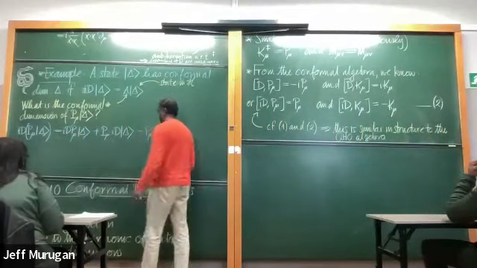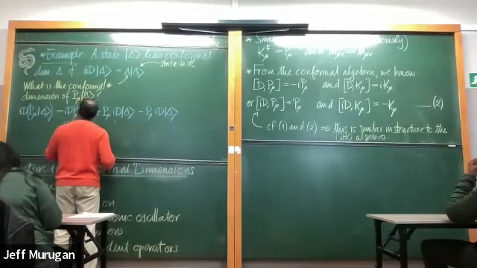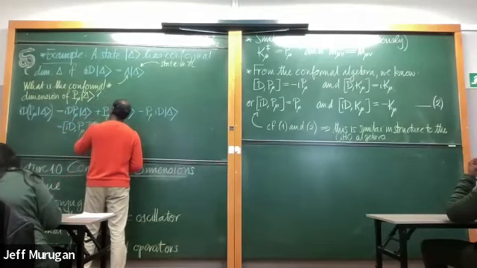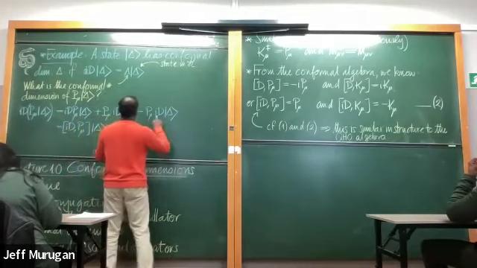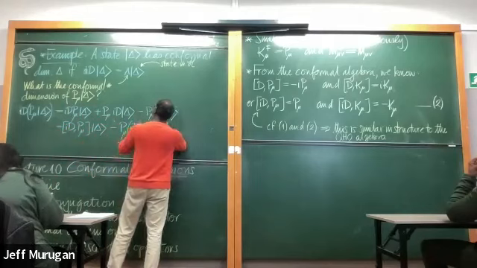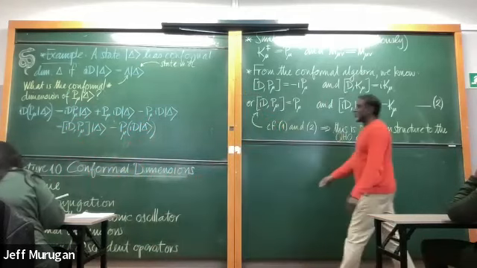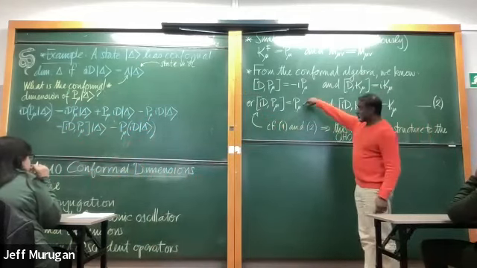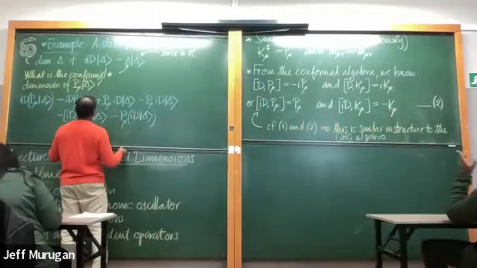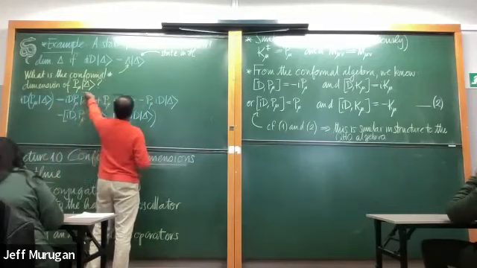So this is 0, but I know that these two combined is just the commutator of ID with P mu acting on the state delta, and then I can subtract off this P mu by d delta. ID P mu is just P mu. Sorry, it's these two that are the commutator.